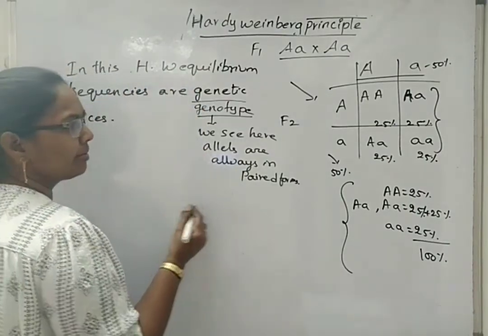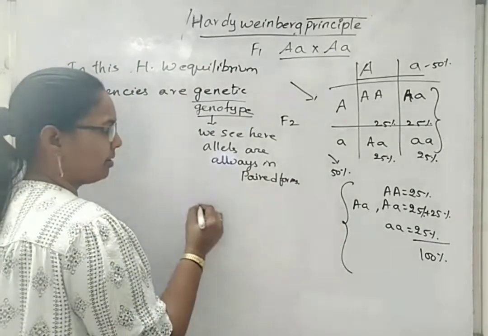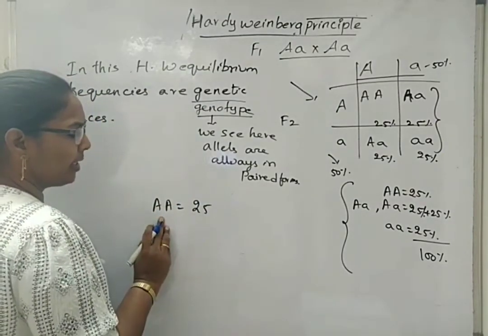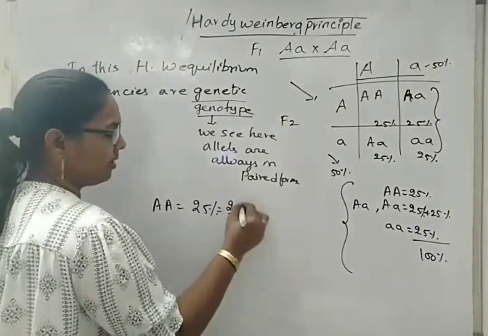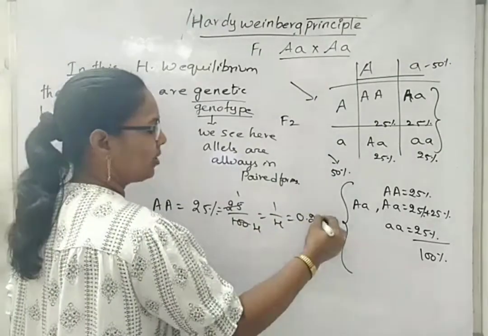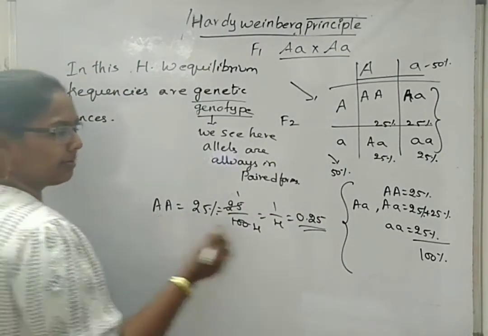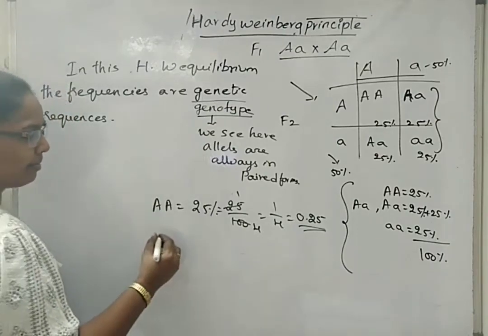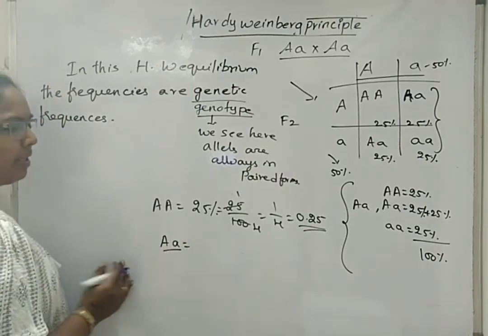If we take the 25% of homozygous dominant alleles, it means 25 by 100, that is 1 by 4, which is equal to 0.25. This is considered the frequency of the dominant alleles. Now, another one: capital A, small a, the heterozygous type of alleles.